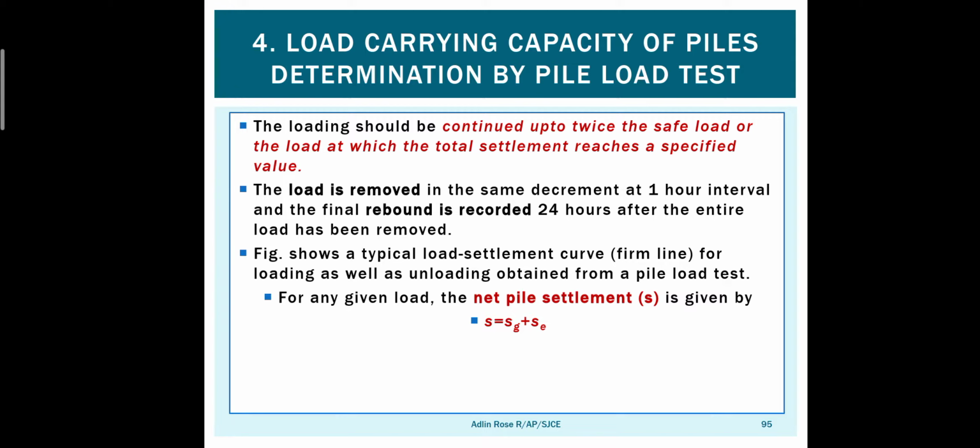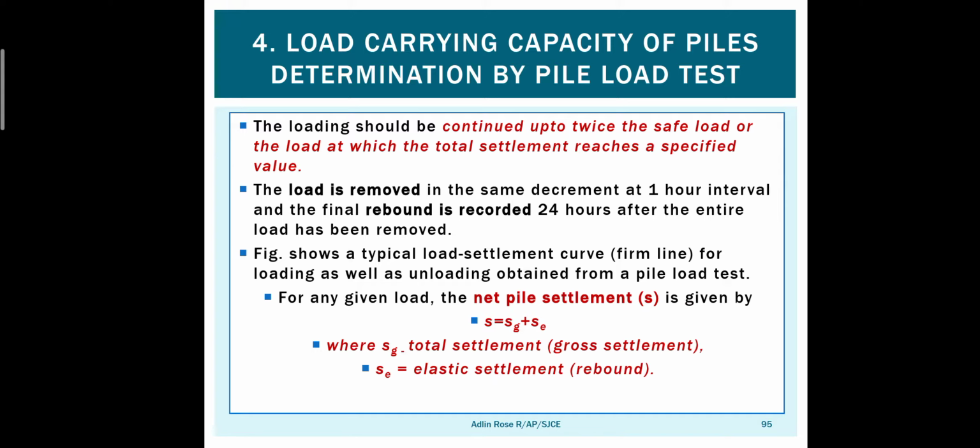You will be getting reverse readings. Because of that we get a net settlement value, and the total settlement is going to be the gross settlement plus elastic rebound. So when you are unloading, there is a rebound of the settlement.